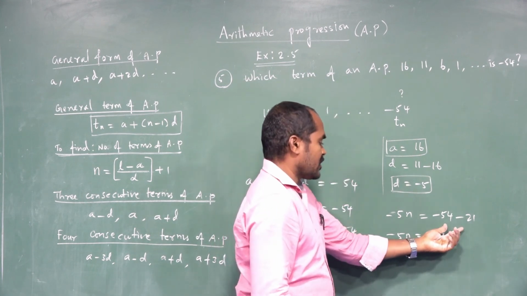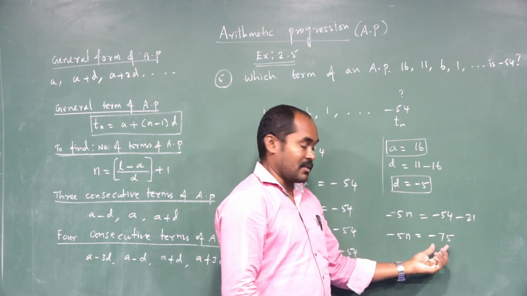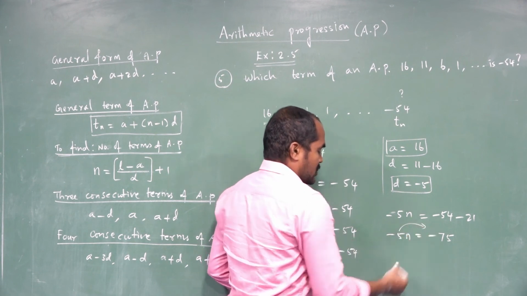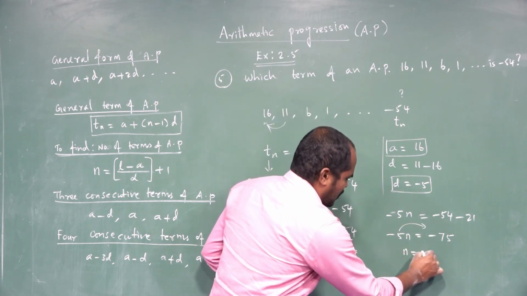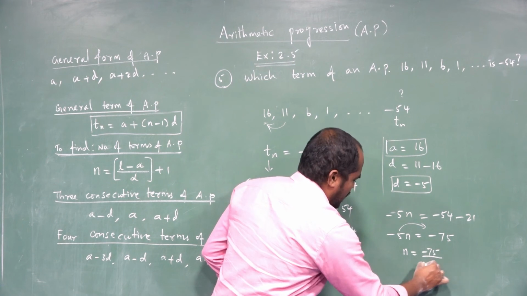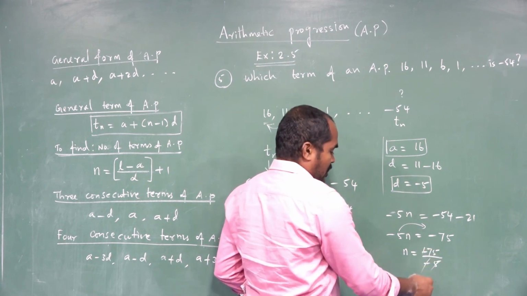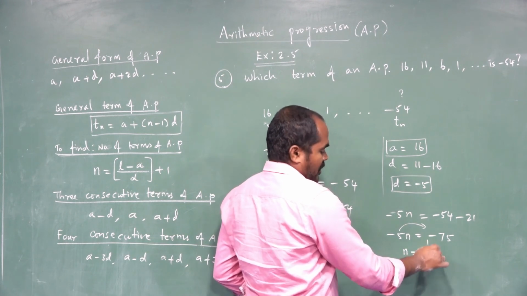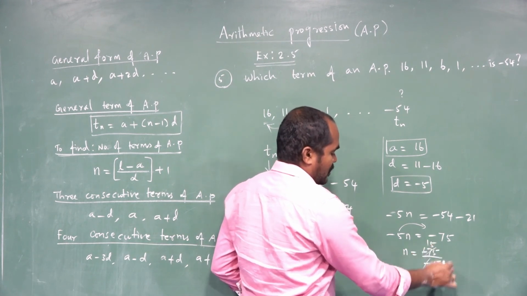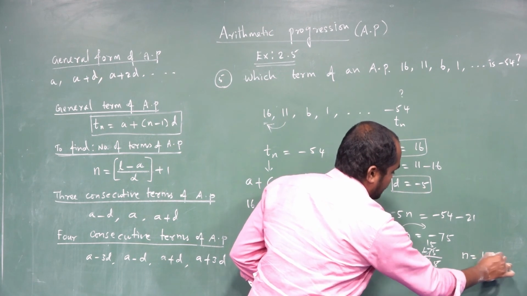So both are negative integers, so add these two, we get minus 75. So send this minus 5 to the right, we get n is equal to minus 75 by minus 5. Minus divided by minus becomes plus. 1 5 is 5, 1 5 is 5, remain 2, 5 5s are 25. n is equal to 15.